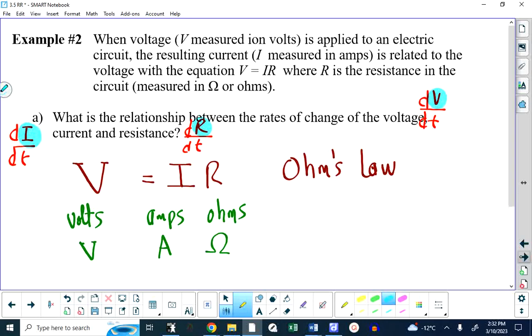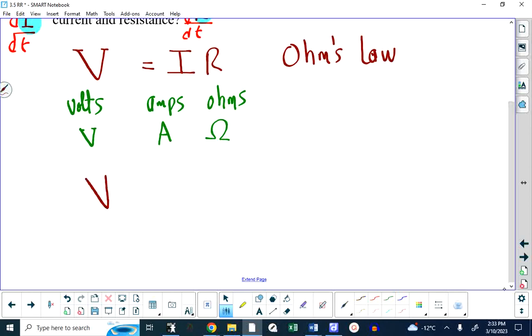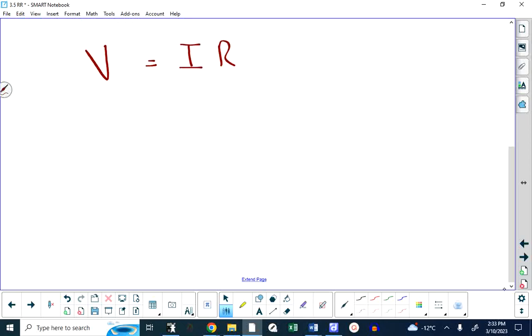So if we want to take that relationship and turn it into a related rates relationship, we differentiate that with respect to time. And what are we going to get? Well, V equals IR. Oh, by the way, I meant to mention, I make a big deal of the delta in Physics 30. We don't need the delta. V equals IR. Well, the derivative of V with respect to time is dV/dt.